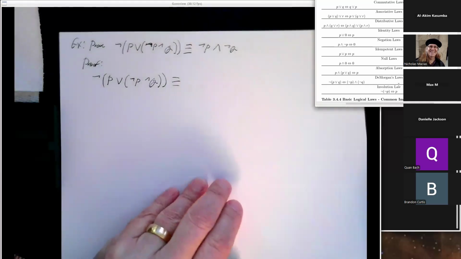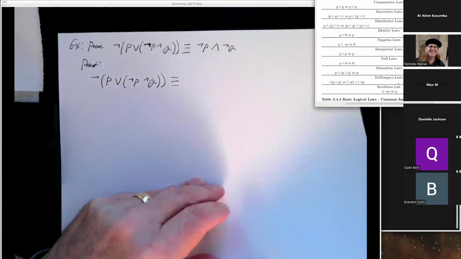So let me take a sidebar here. Talk about boxes and circles. So let's pick one of these expressions. Let's just play with absorption.